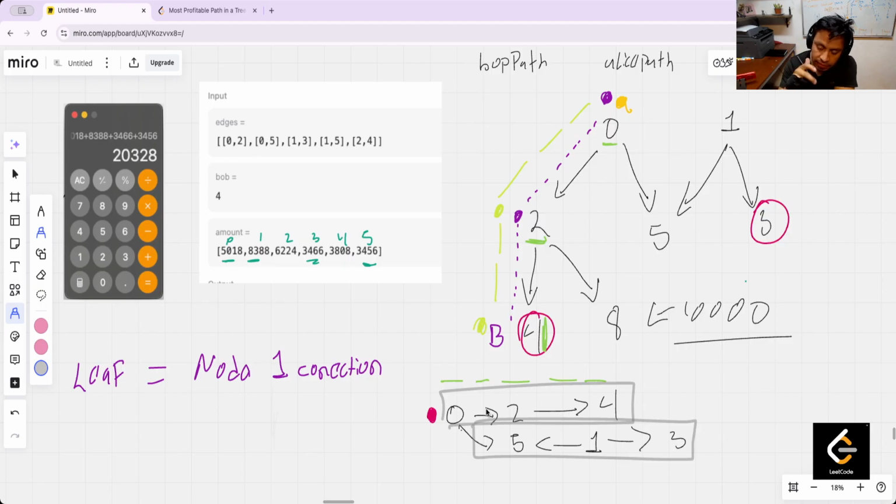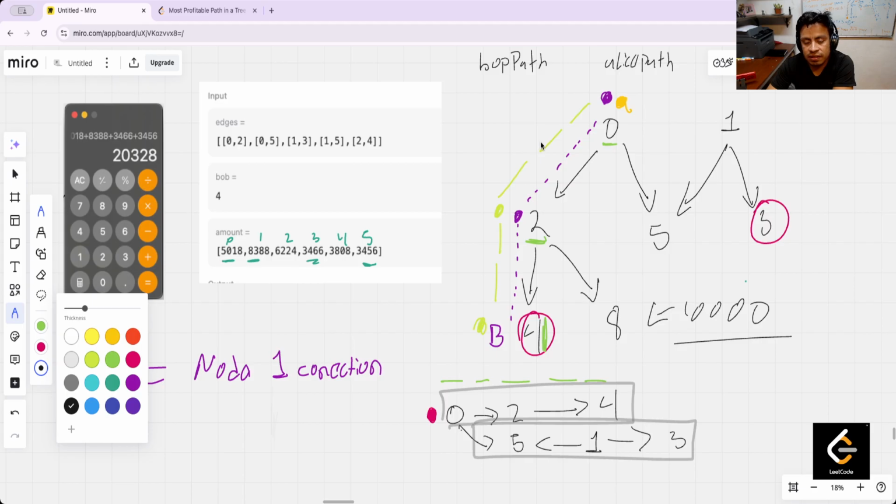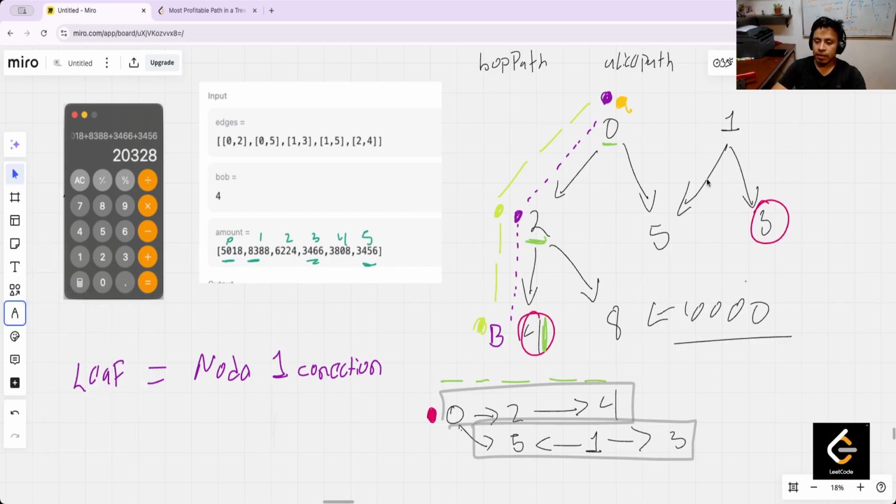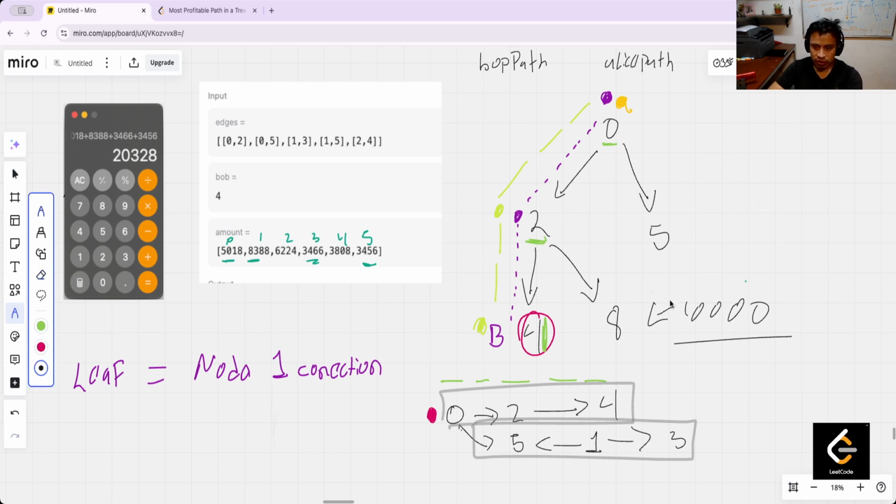Okay, I think that I can traverse this. Okay. 1 and 3, 1 and 3, 1 and 3.